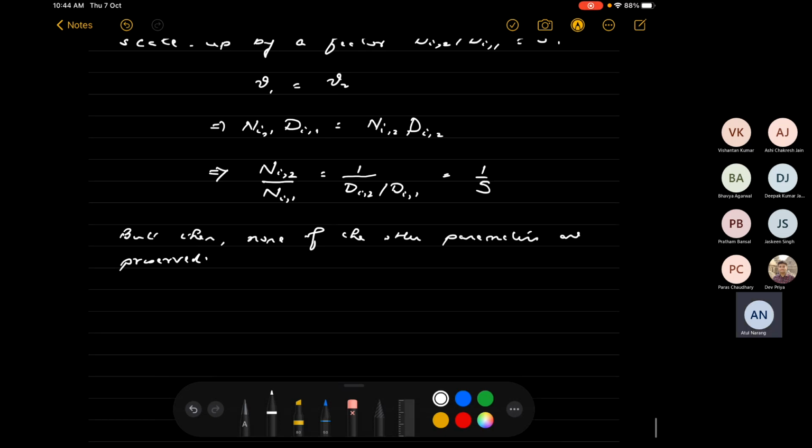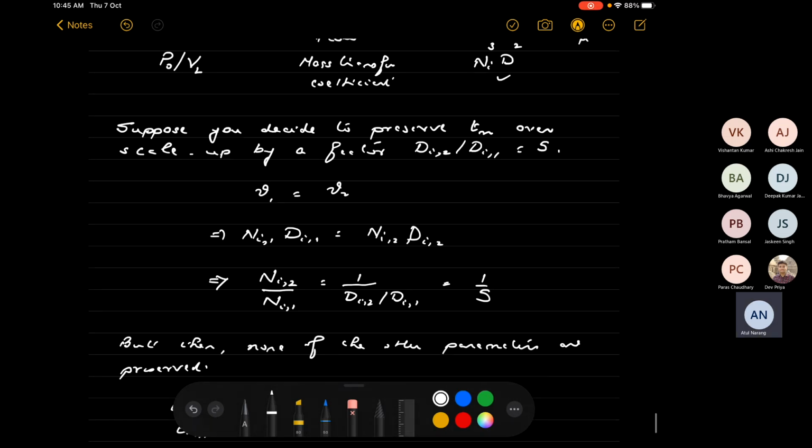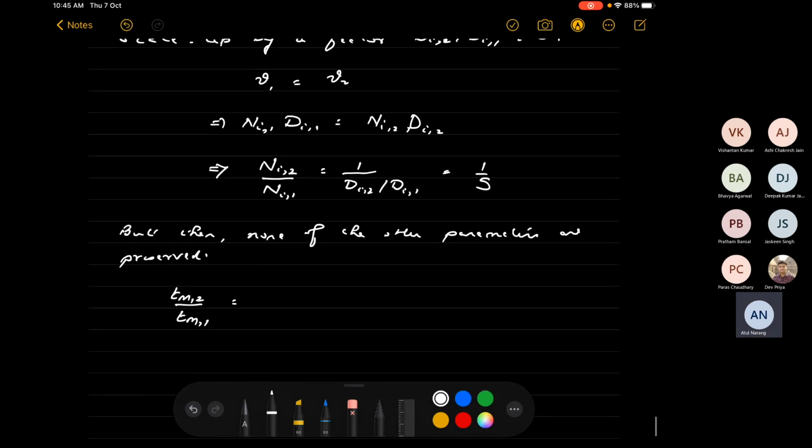So for example, if you take a look at Tm2 by Tm1, now we know from the scaling that Tm scales as 1 over Ni. So that means this is 1 divided by Ni2 divided by Ni1.